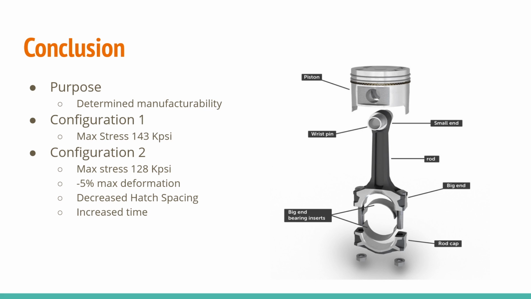And in configuration 2, the max stress is 128,000 psi, and there's also a reduced max deformation of 5%. This is a result of decreased hatch spacing, which also means an increased printing time.